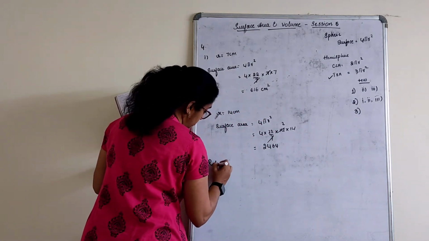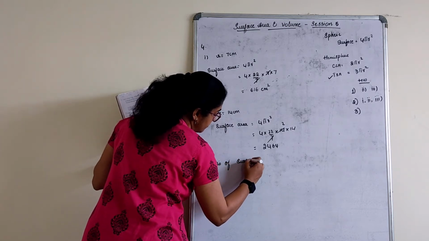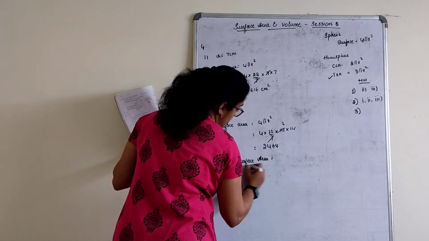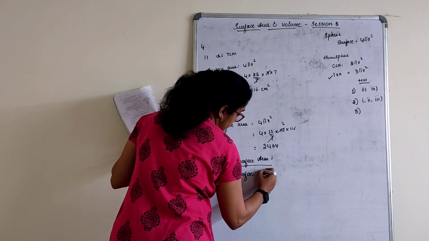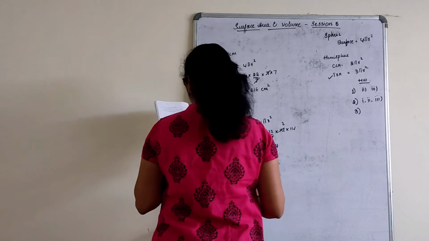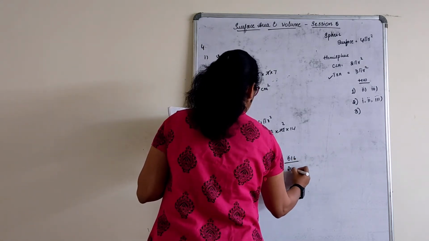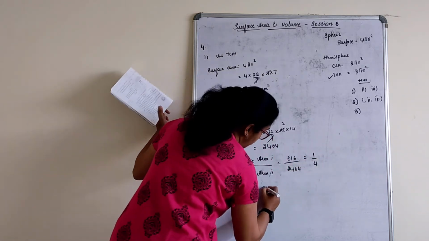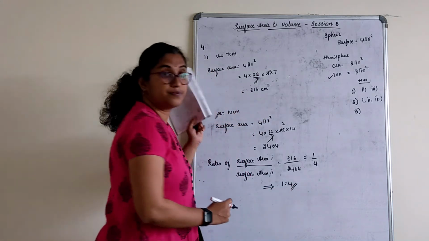Ratio of the surface area of the first one to the surface area of the second one: 616 is to 2464, that is equal to 1 by 4. This implies they are in the ratio 1:4.